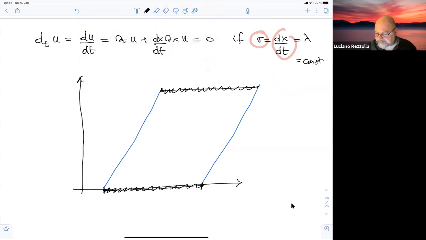So this is V, dx dt, well, 1 over the slope of that. This is t, and this is x.